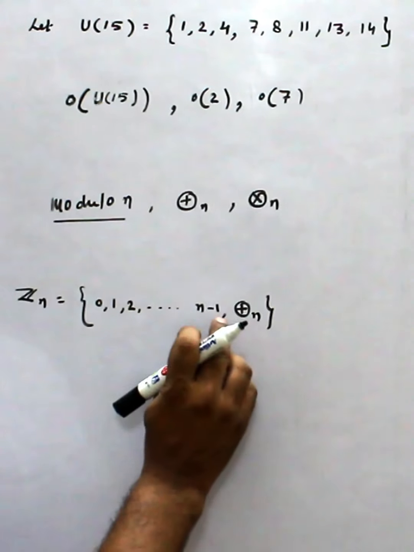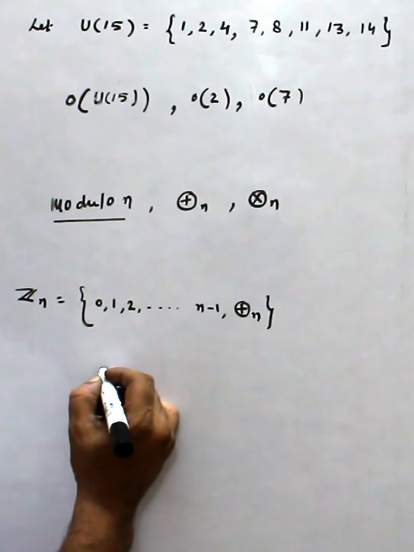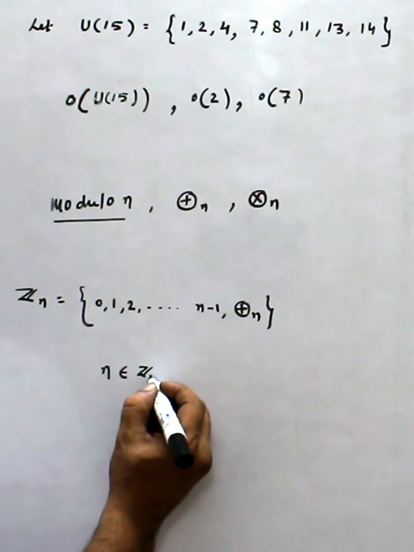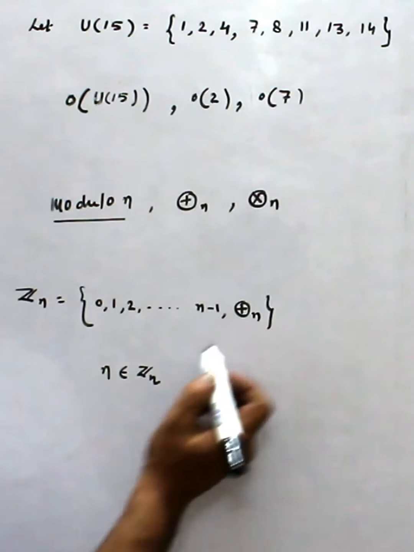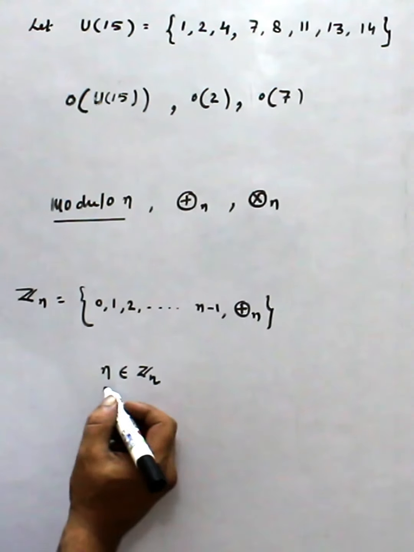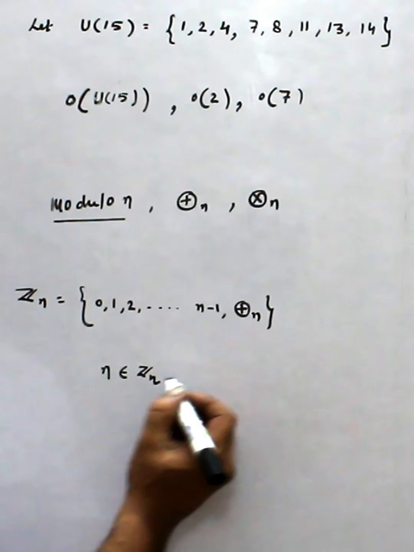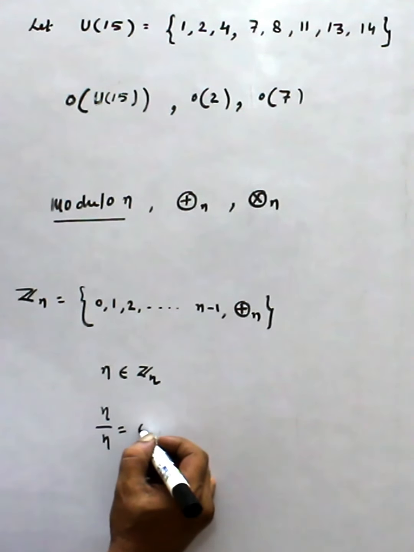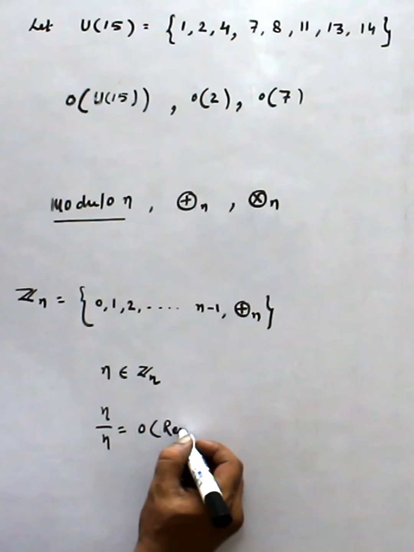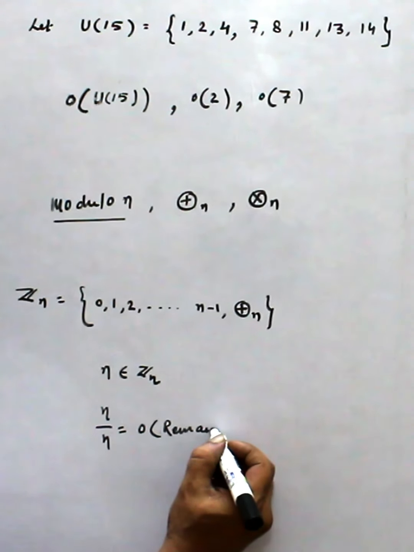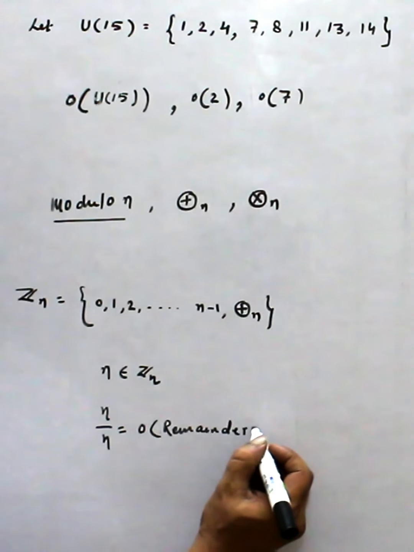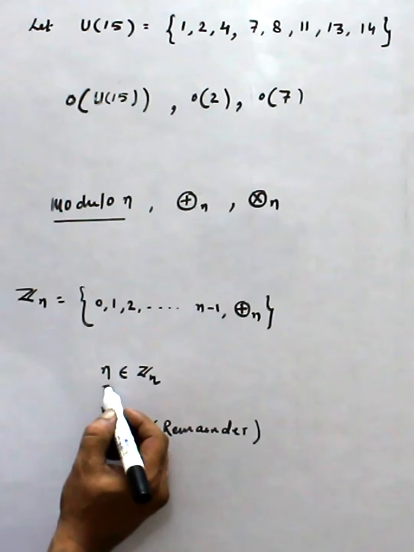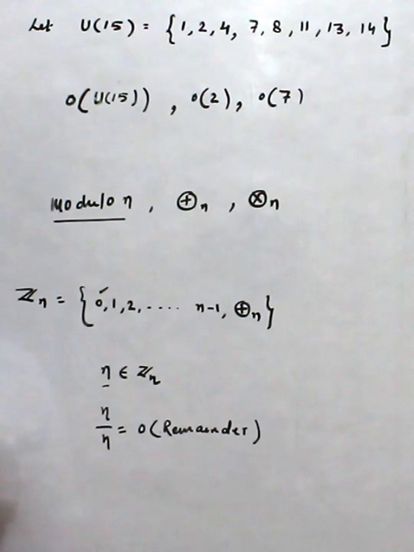If I take n here, suppose I take n in Zn, then what happens? In addition modulo n, this number is divided by n, and 0 is the remainder. So this n becomes congruent to 0.